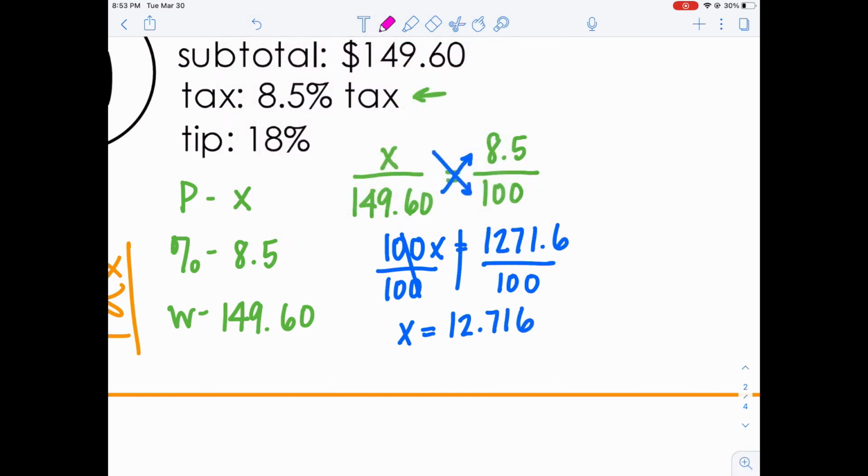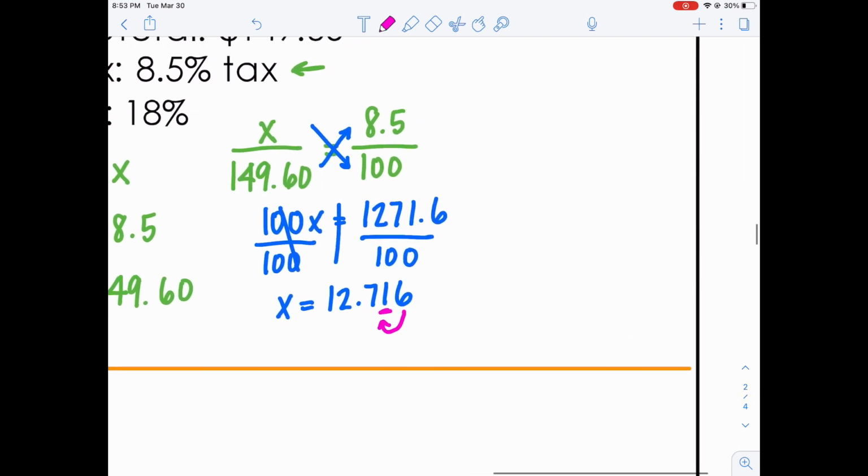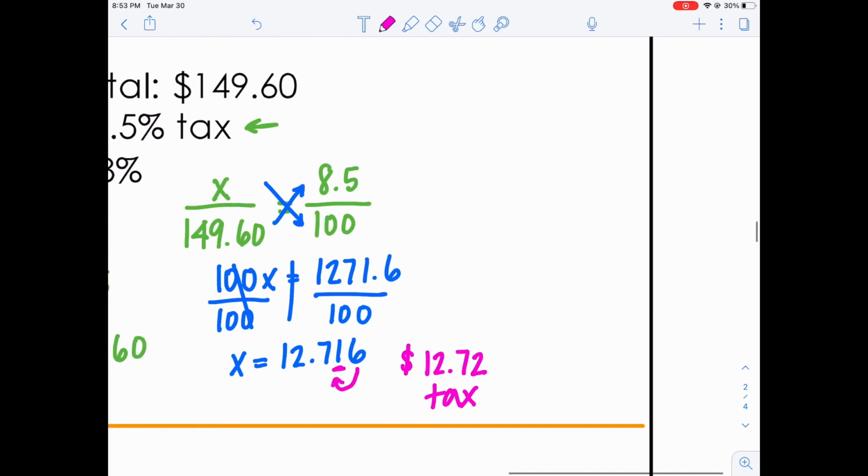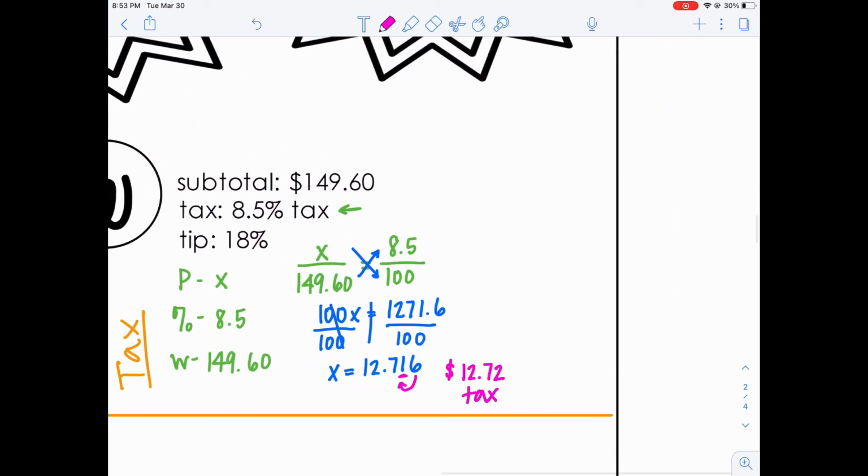Remember, money is always rounded to 2 decimal places. The 6 tells the 1 to round up. So rounding, I get $12.72. This is the amount of money I am paying in tax. Once you have your amount of money for tax, we have to go back and find our new subtotal.